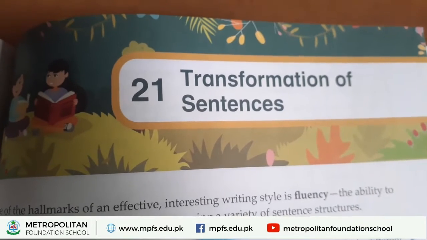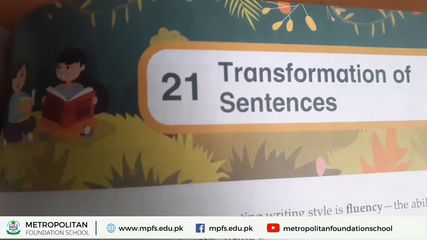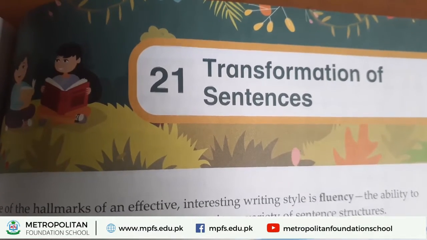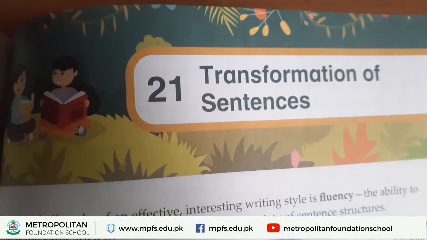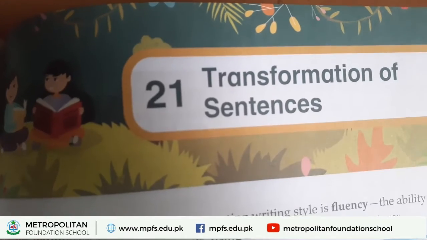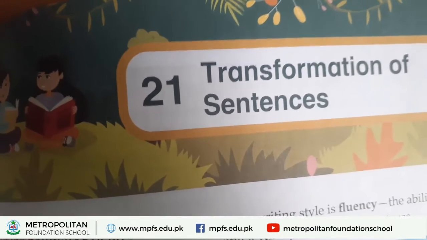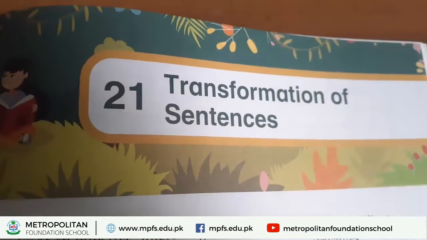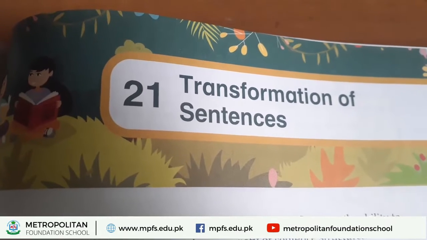Now we move on to simple to complex. A simple sentence can be converted into a complex sentence by expanding a word or phrase into a subordinate clause: noun clauses, adjective clauses and adverb clauses.